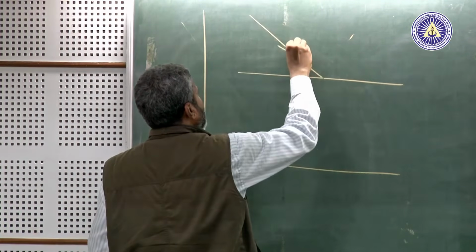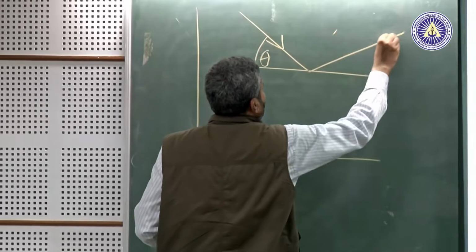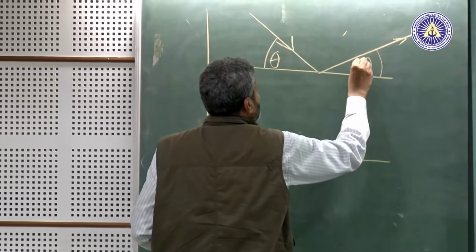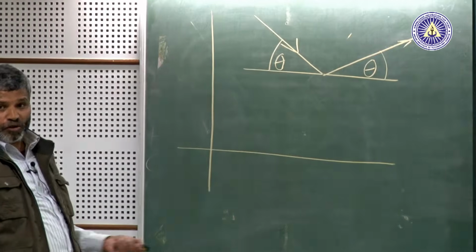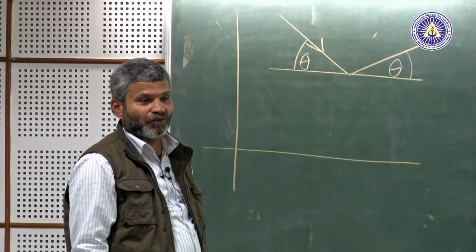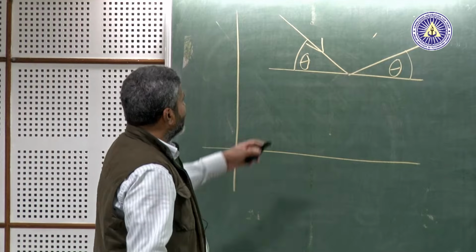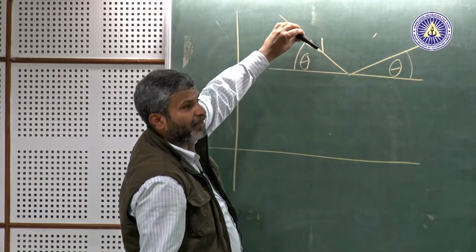according to Bragg's law, since it is a reflection, the incoming theta and outgoing theta from the plane are the same. But you are not seeing the plane. The plane is not there for the experimenter to see. So, you can't measure by any goniometer or something that here is the plane and here is my theta.